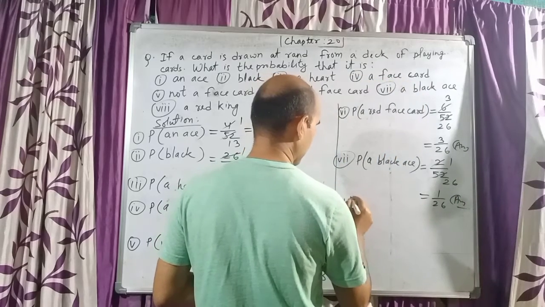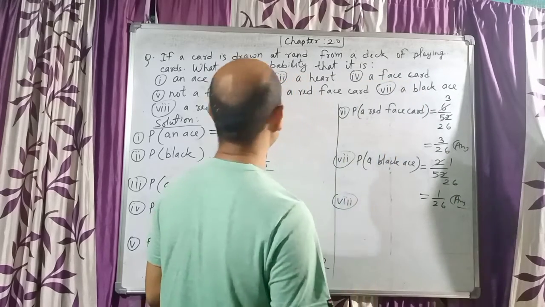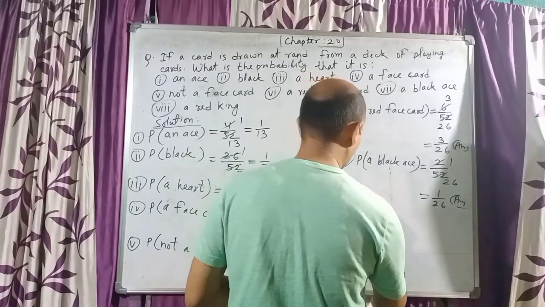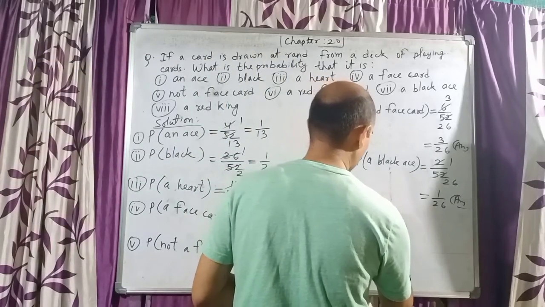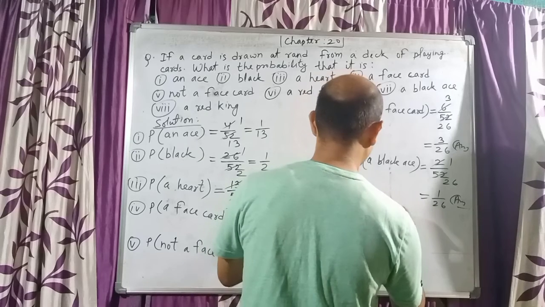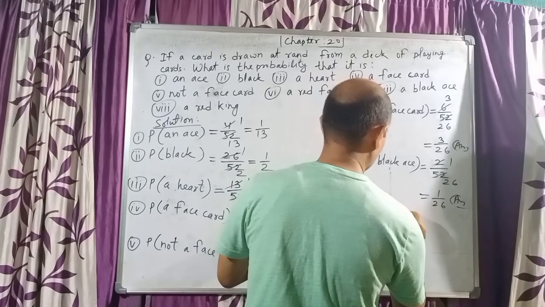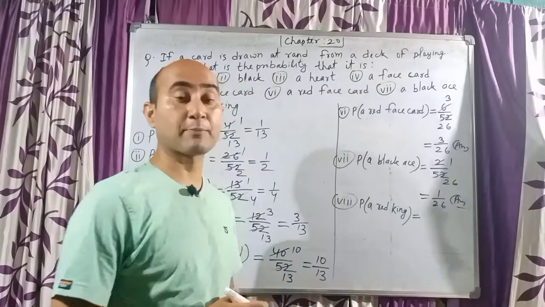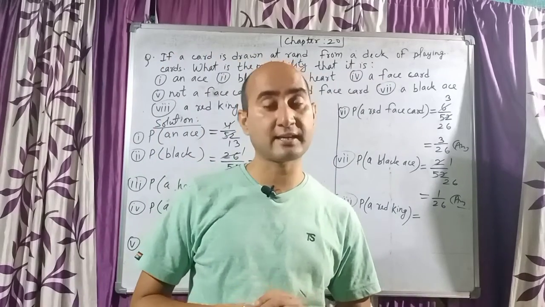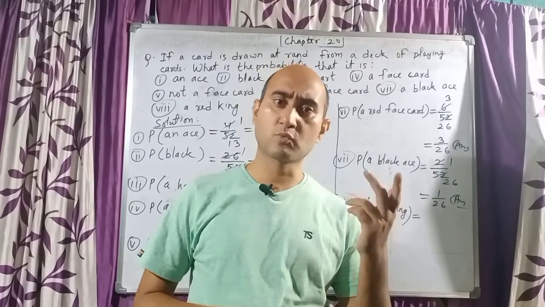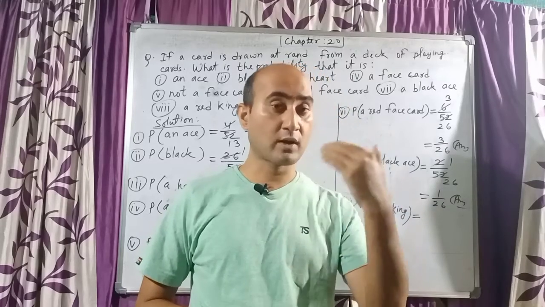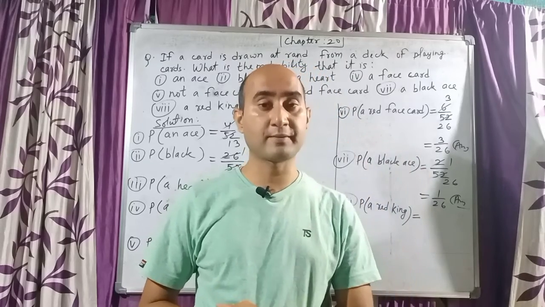Last one, a red king. Probability of a red king. Red king means you have to find the number of red king cards. There are 4 king cards, 1 from heart, 1 from club, 1 from diamond and 1 from spade.